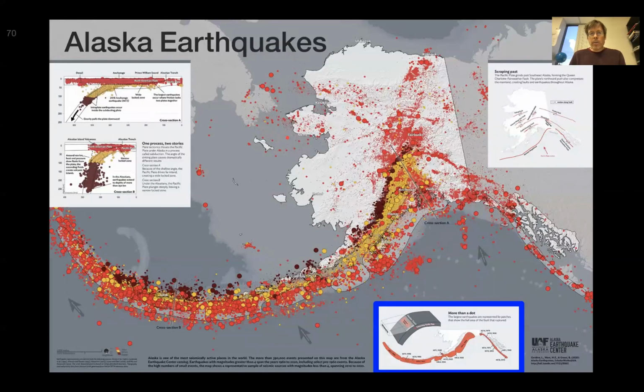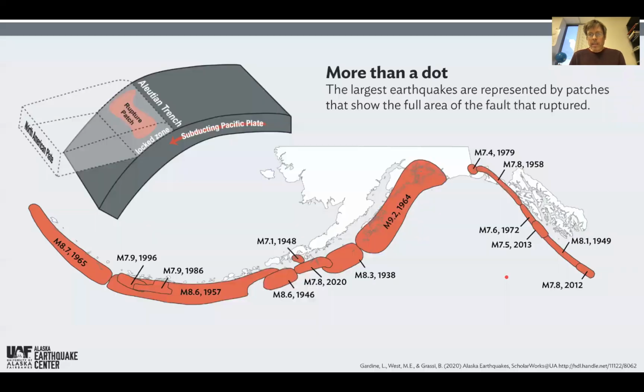We'll then look toward the last component on this map, large earthquakes. If we look toward large earthquakes, we see more than a dot. The largest earthquakes are represented by patches that show the full area of the fault that ruptured. And these zones are shown here for predominantly older earthquakes in Alaska.